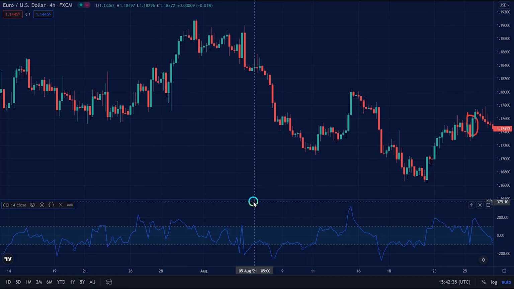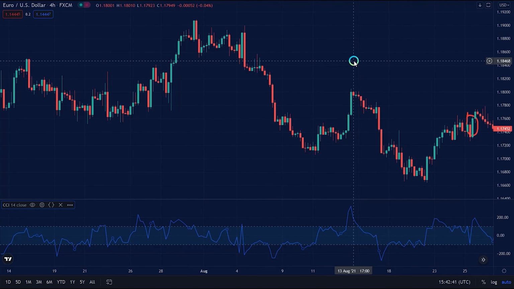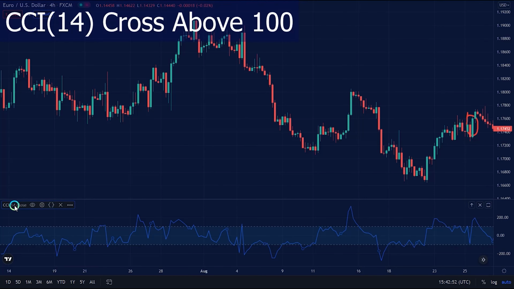At first, I will show you the buy trade entry. The buy trade entry is really simple. I will show everything on the screen. The buy trade entry is based on one condition and one indicator, which is the CCI. So the 14 period CCI based on close source has to cross above plus 100 when you enter the markets.